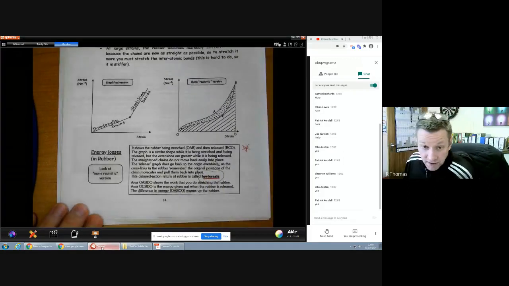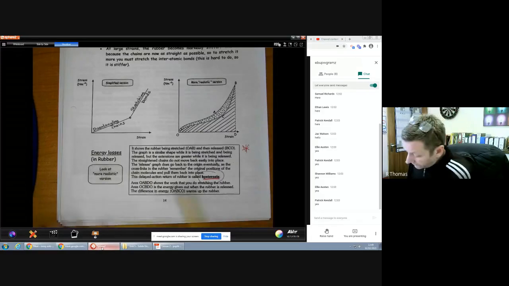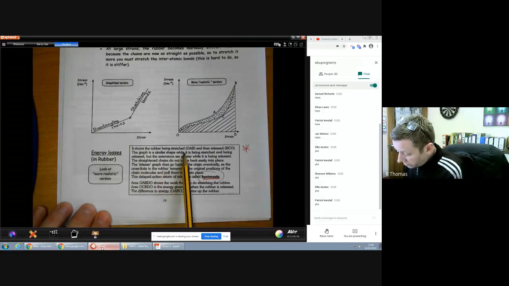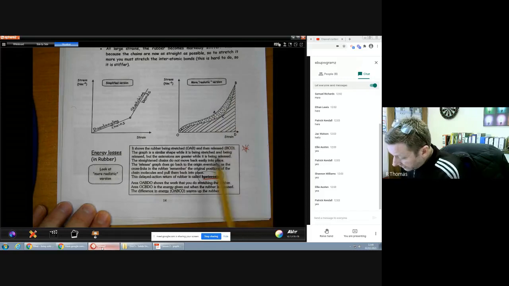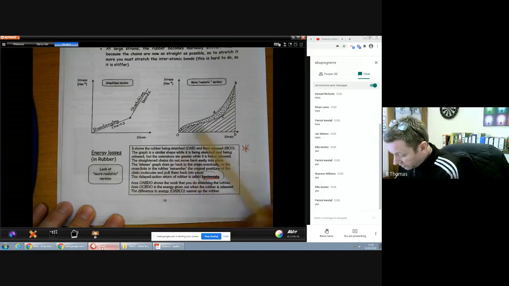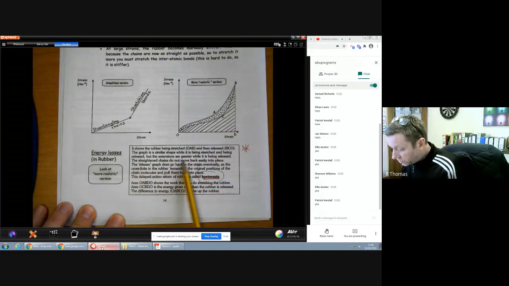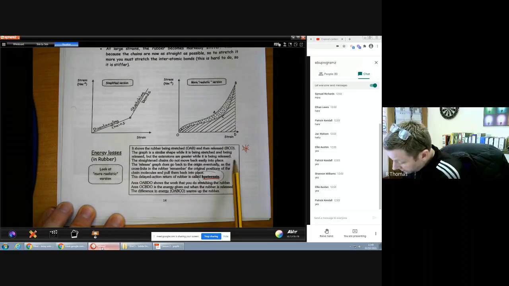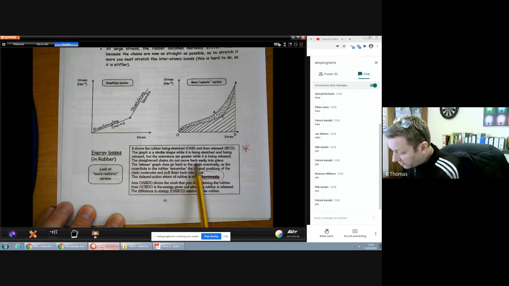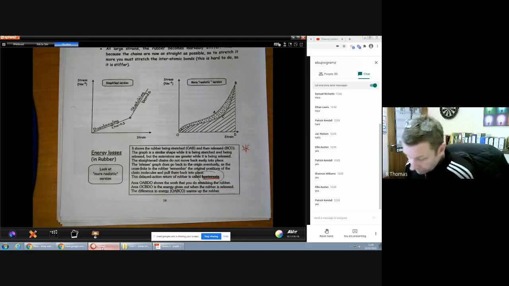And you're going to need to regurgitate that in your own words. It shows the rubber being stretched from O to A to B, and then released from B to C back to O. The graph is a similar shape while being stretched and being released. The curve is very similar, but the extensions are greater while it's being released. The straightened chains do not move back easily into place. They've got to get back tangled up in the same form.